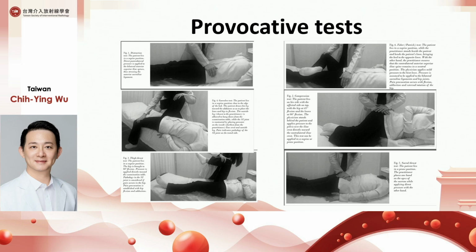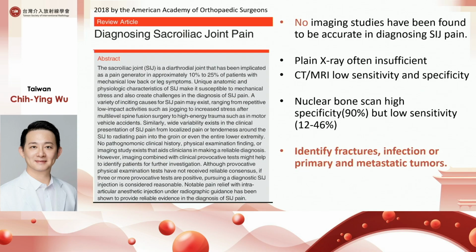If more than 3 tests are positive, then we highly suspect SI joint pain. However, no imaging study has been found to give an accurate direct diagnosis of SI joint pain. But imaging is important to identify fracture, infection, and tumor of the SI joint.